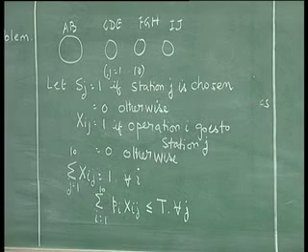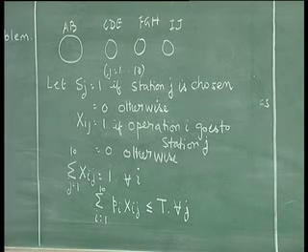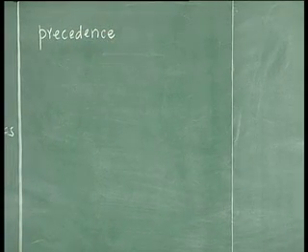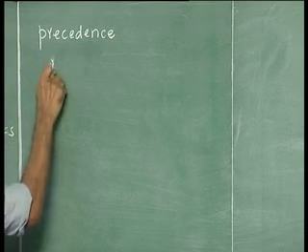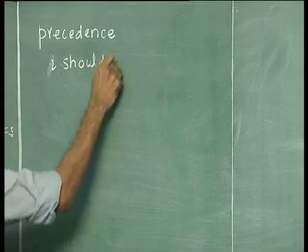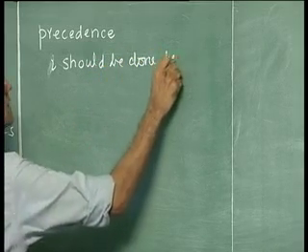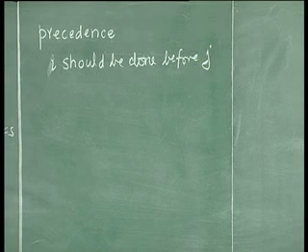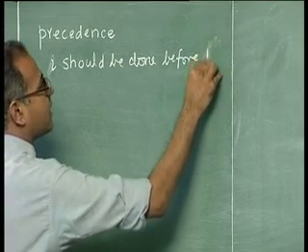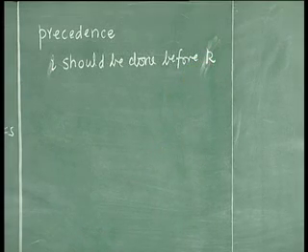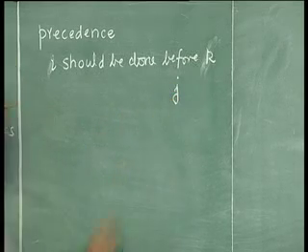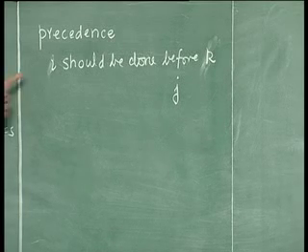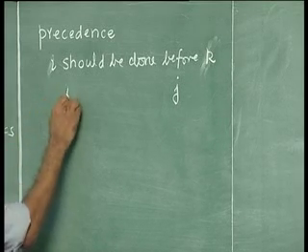Now the next thing we need to model is the precedence. If operations i and k have a precedence, that is, if i should be done before k, since we have used j for the station, then if operation k goes to station j, operation i can go to anything from 1 to j.